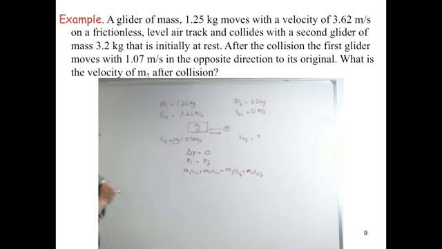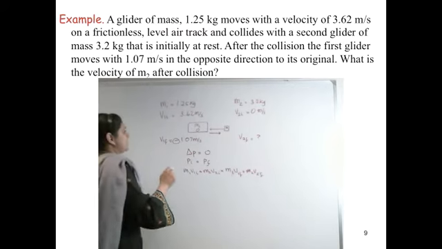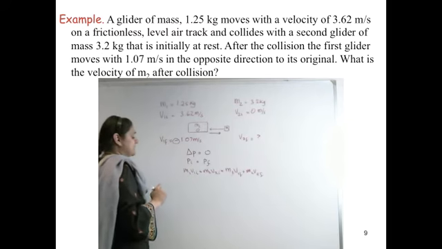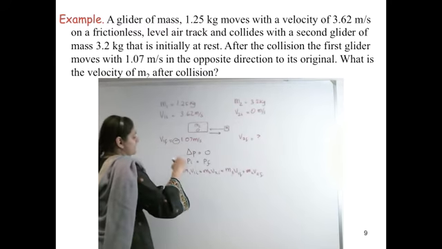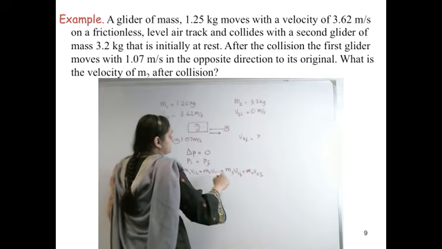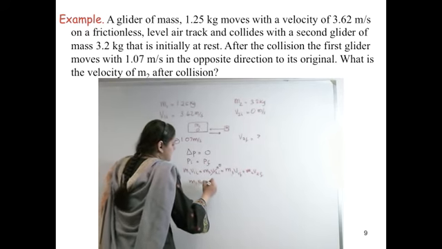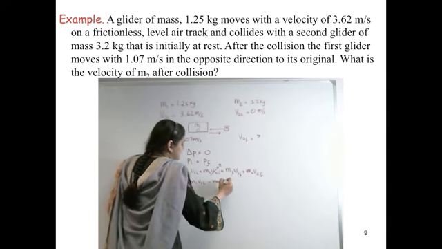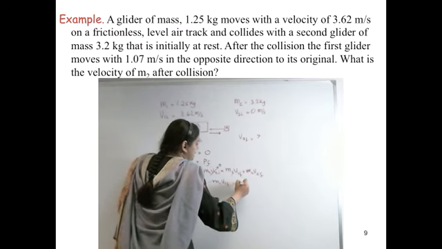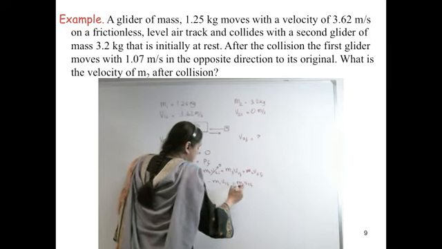Okay, make sure that I have that correct. Yes. So now all you need to do is plug in the numbers. So m2 v2i equals 0. So I'm going to get m1 v1i minus m1 v1f equals m2 v2f.